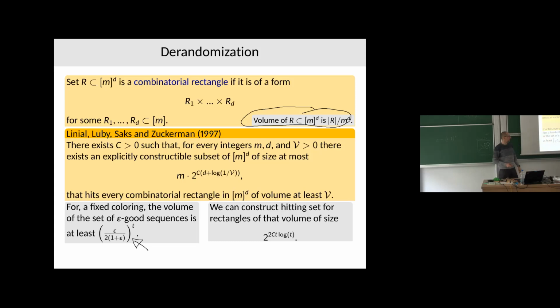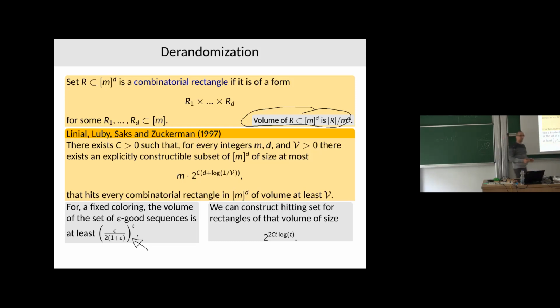So if it happens that these epsilon good sequences form combinatorial rectangles, then we are aiming to hit combinatorial rectangles of this size. And then they say that it's possible with this number of sequences. So it translates to this number of sequences in our construction. So it is pretty good.